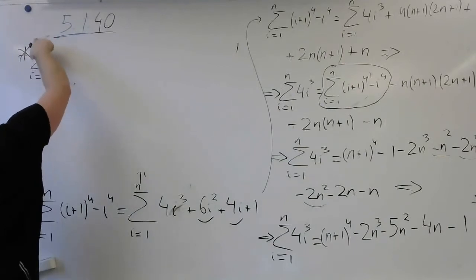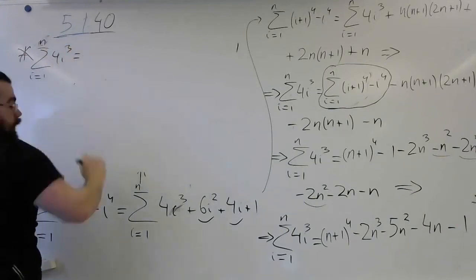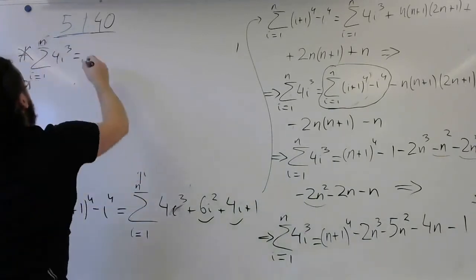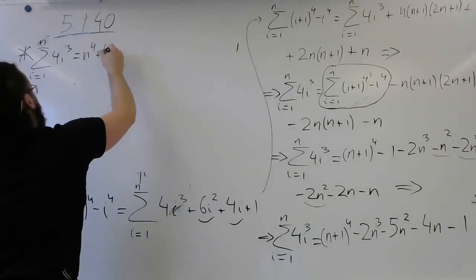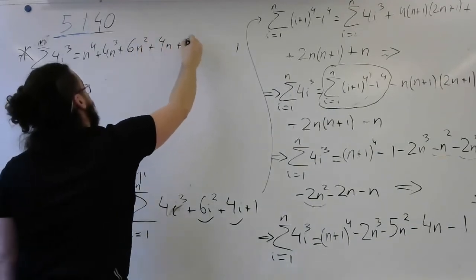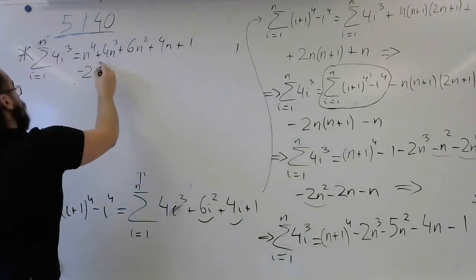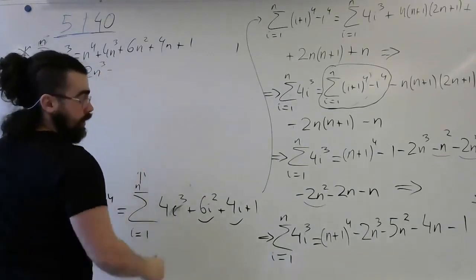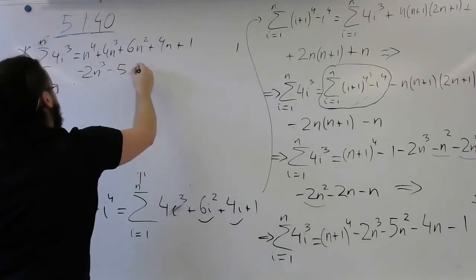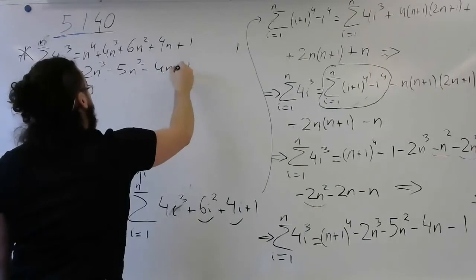This is equal to n fourth plus 4n cubed plus 6n squared plus 4n plus 1. And now minus 2n cubed minus 5n squared minus 4n minus 1.